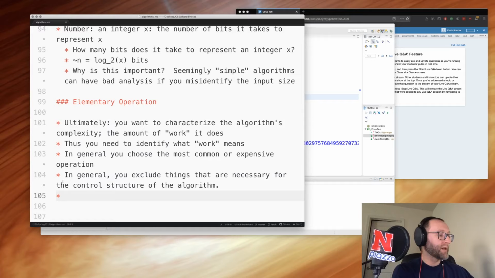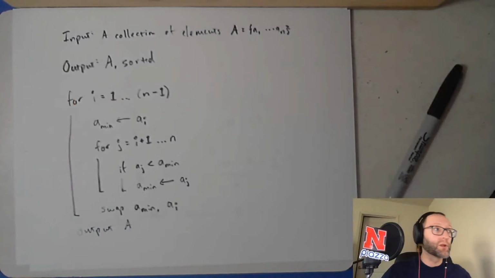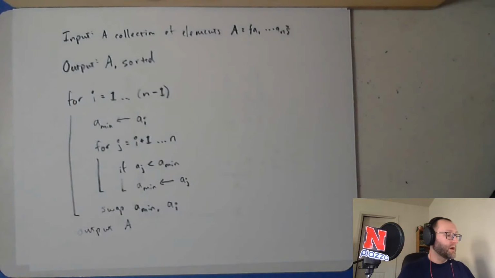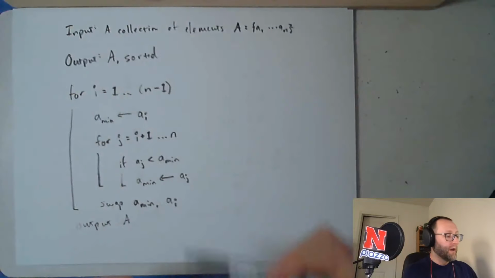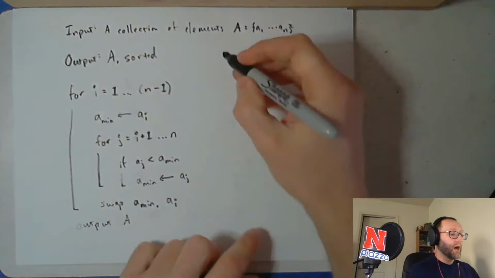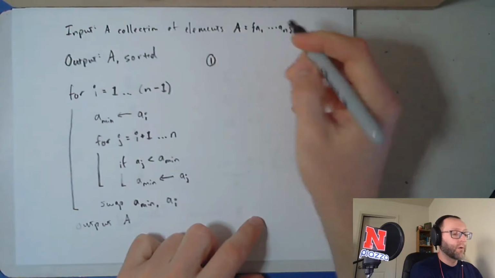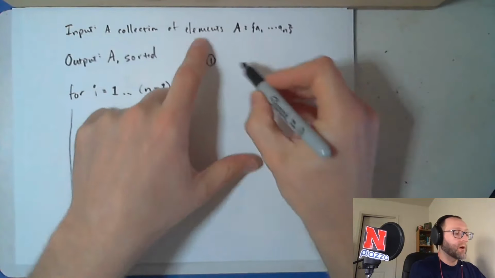What I want to do now is go back to our selection sort, and run through those first 3 steps here. Okay. So here's our selection sort algorithm. We've got 2 for loops. We've got a lot of operations here. Let's go ahead and go through the first step. Well, the first step is already done for us.